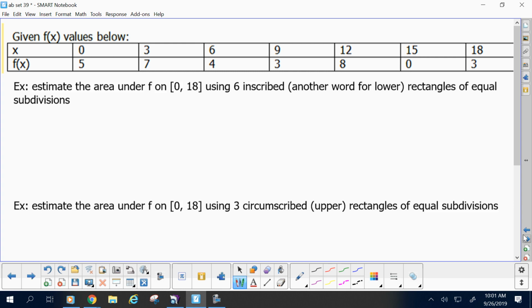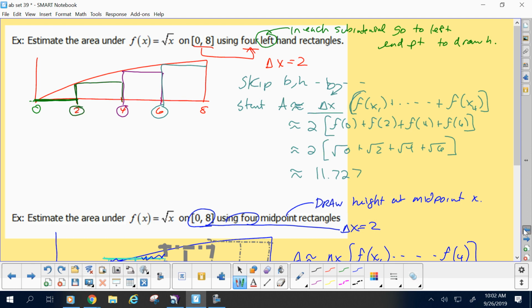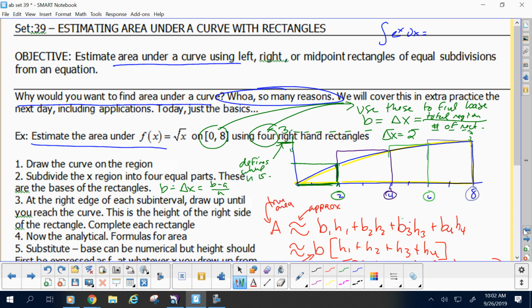Okay, so the next, besides left, right, and midpoint, actually, let's go with some abbreviations. I don't do this a lot, but some books do. When you say right-hand rectangles, would you write under here RRAM? That's right rectangle approximation method.